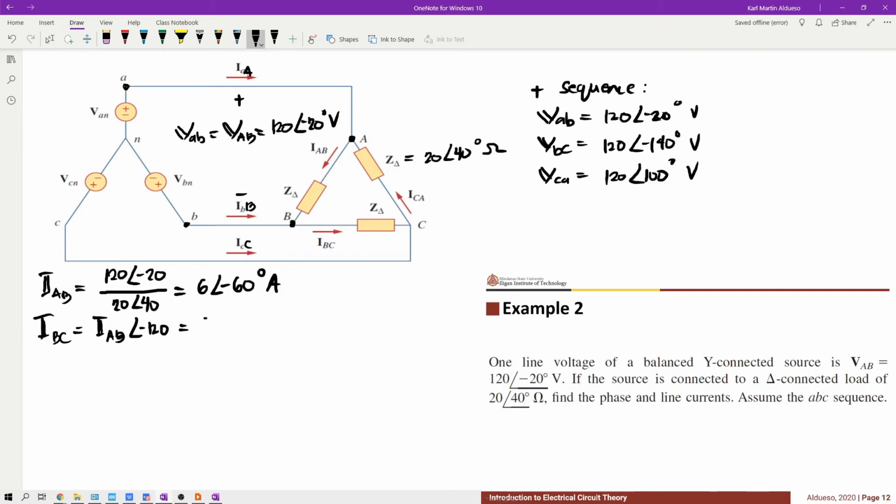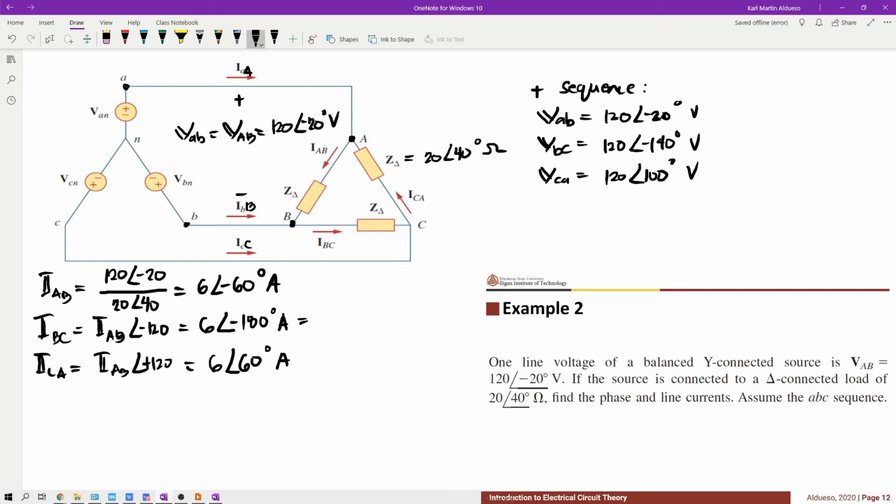So this is equivalent to 6 angle negative 180 degrees amperes. And ICA is equivalent to IAB, then add 120 to the angle. We have 6 angle 60 degrees amperes.